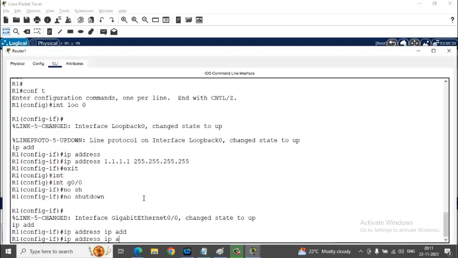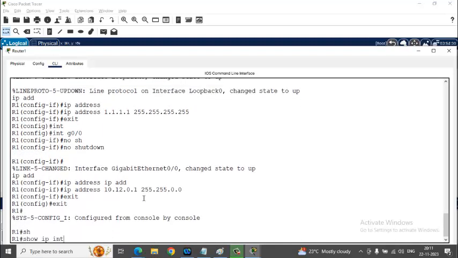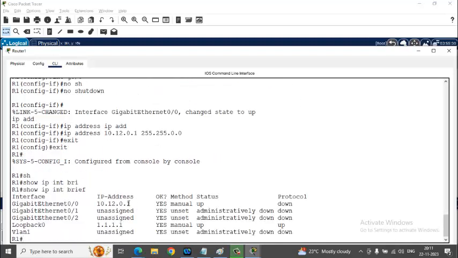Interface G0/0. What is the IP address? You remember? It's 10.12.0.2, isn't it? Correct.